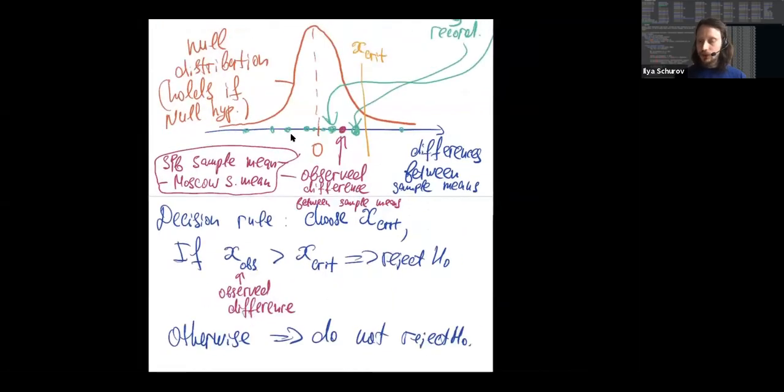Again, we want to make sure that the probability to make a mistake, the type 1 error, is not too large.